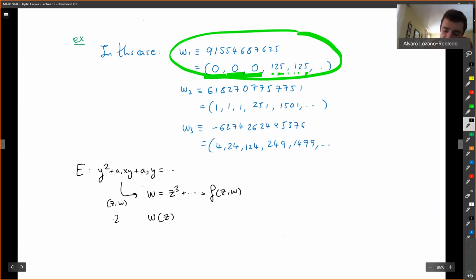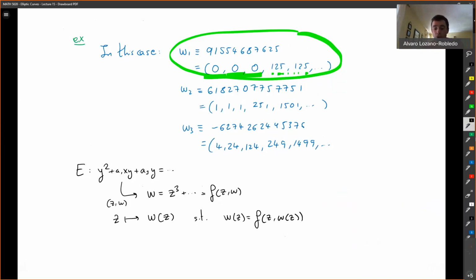So for each Z, I can actually build a W(Z) such that W(Z) is f of Z, W(Z). So I've actually constructed a point for each Z, there is now a point (Z, W(Z)).